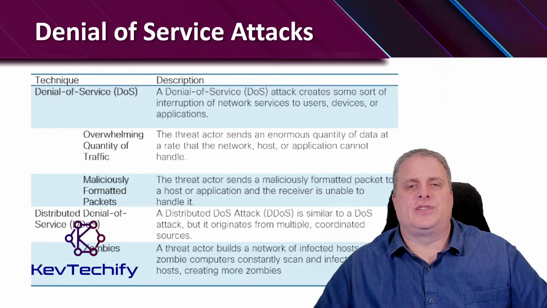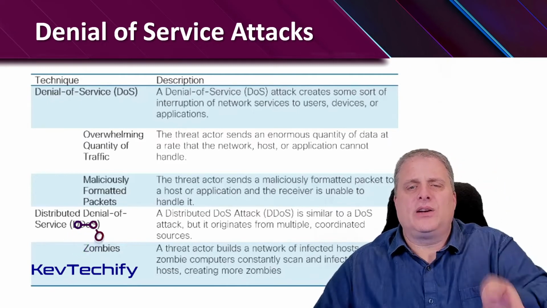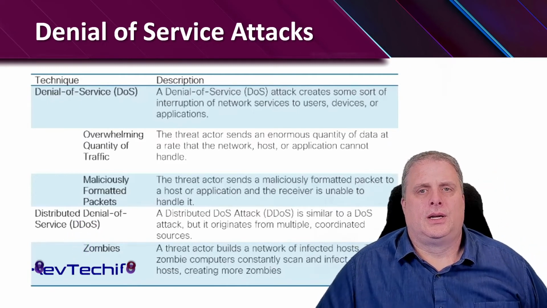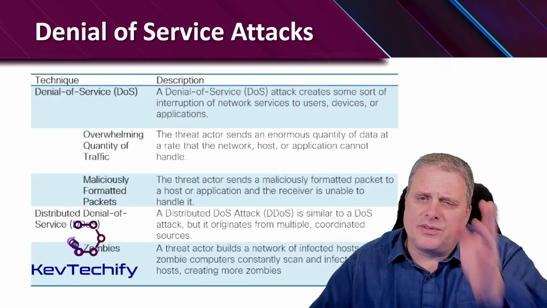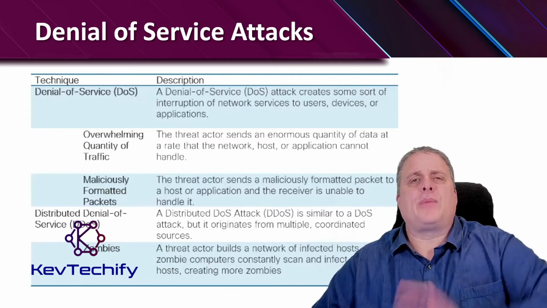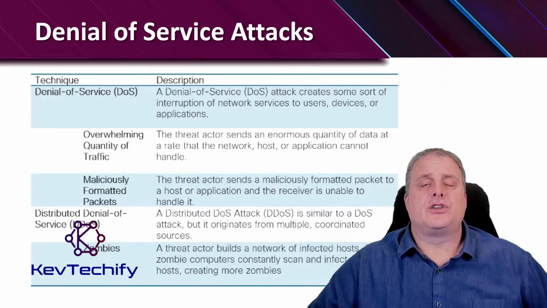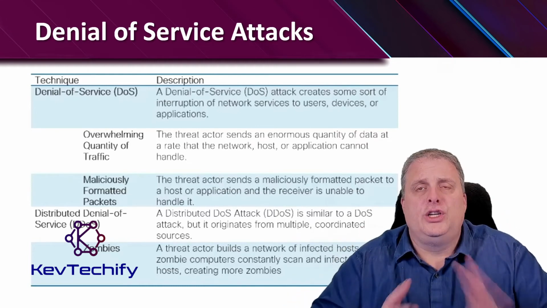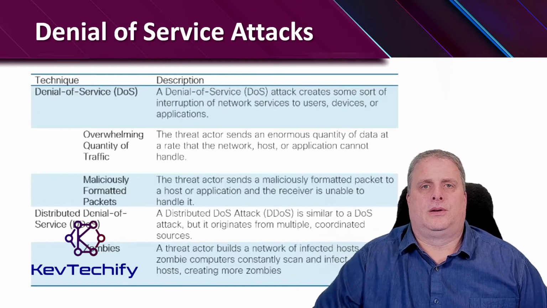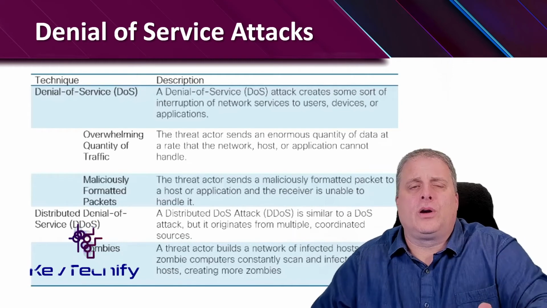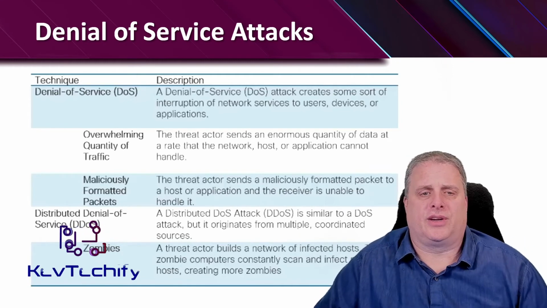A denial of service attack is an attack that's going to interrupt network services. This can stop users, this can stop devices, it can even crash applications. Now there's two ways that the threat actor usually goes about it. First one is sending an overwhelming amount of traffic.